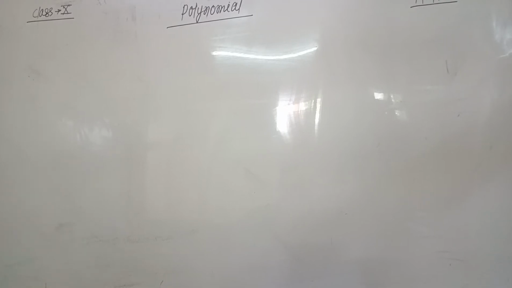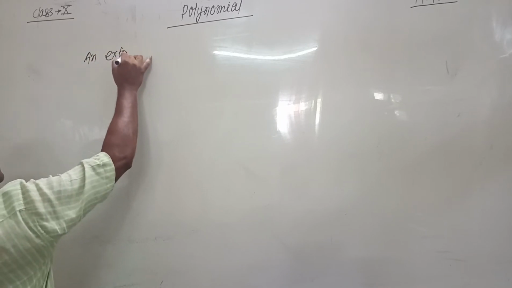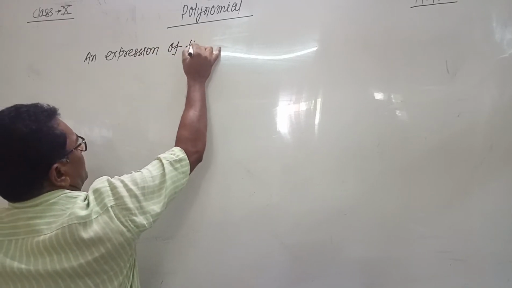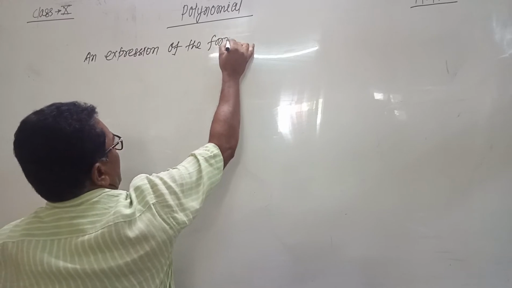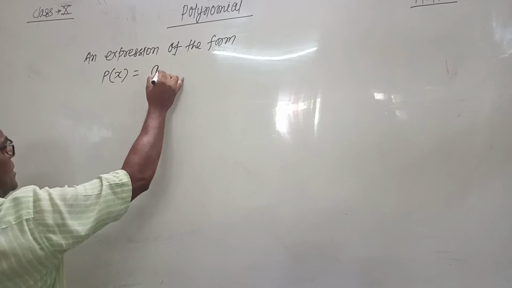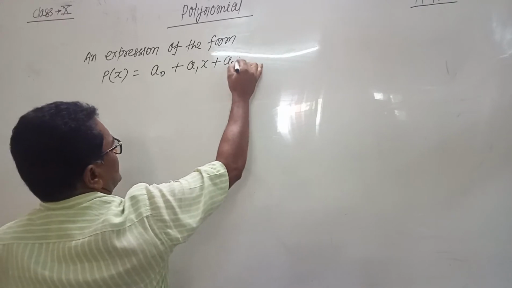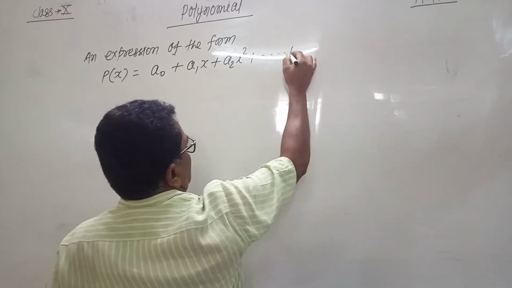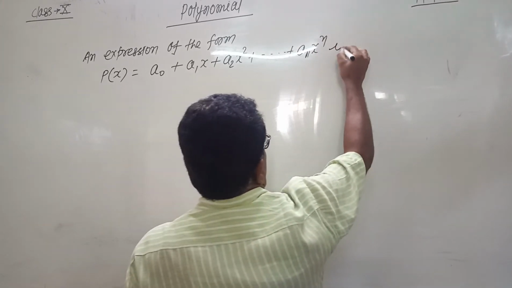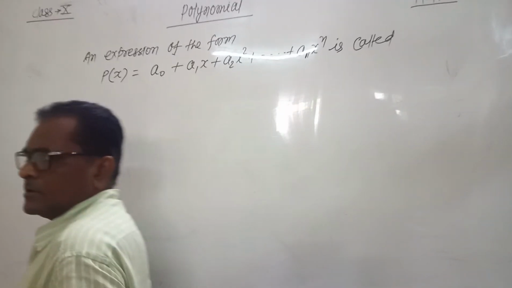So, what is polynomial? An expression of the form Px equals a0 plus a1x plus a2x square plus dash dash an x raised to the power n is called a polynomial.